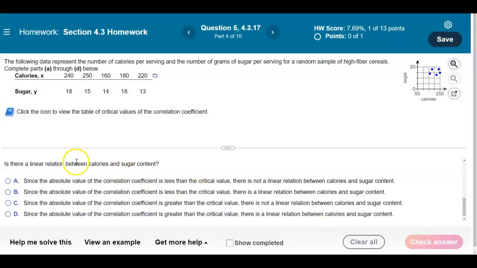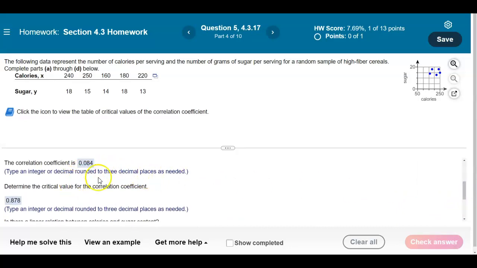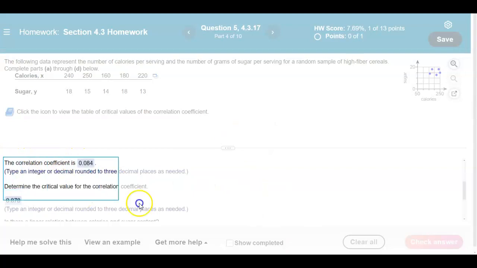Now it's asking, is there a linear relation between calories and sugar content? Recall that we take the absolute value of the following, so let's put this question into our data sheet.